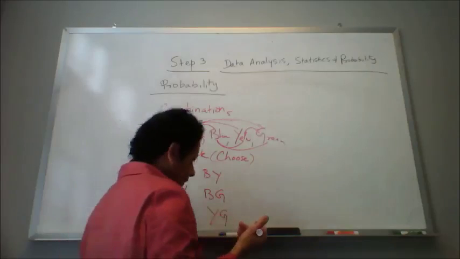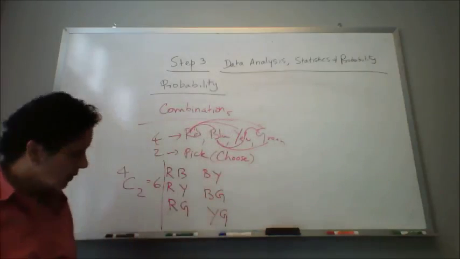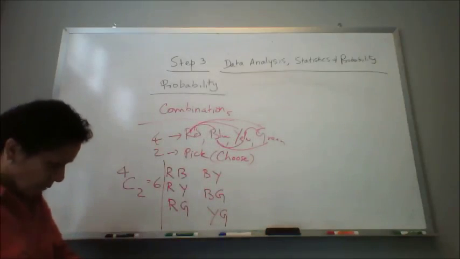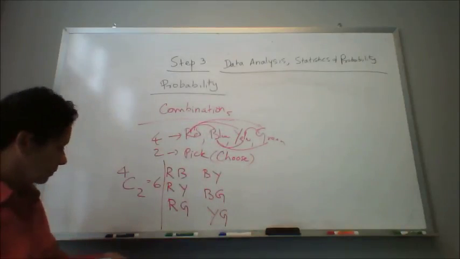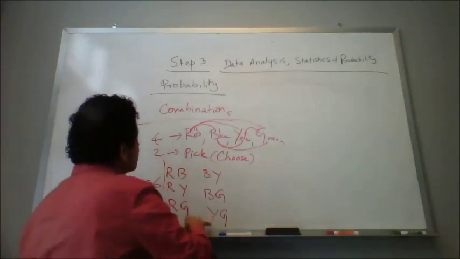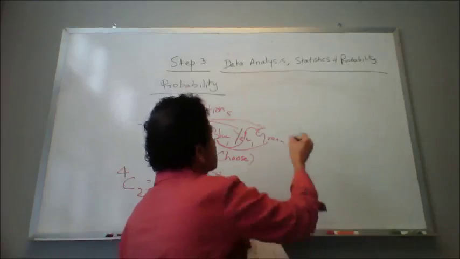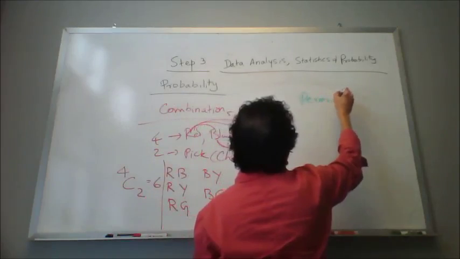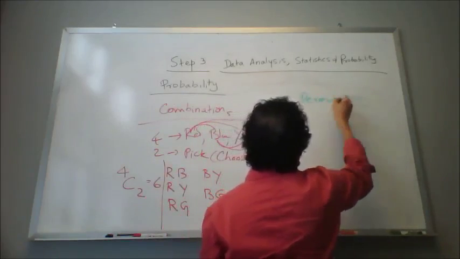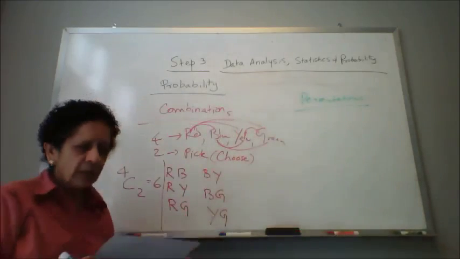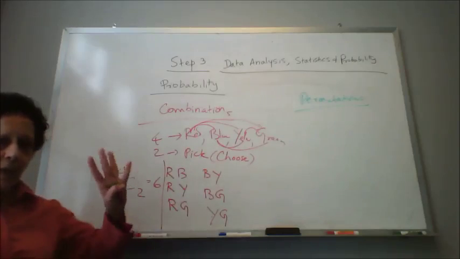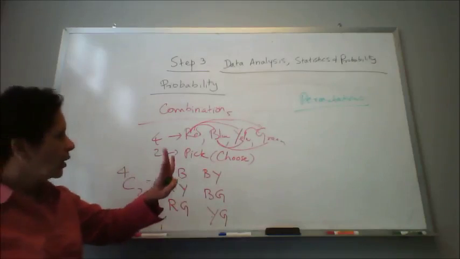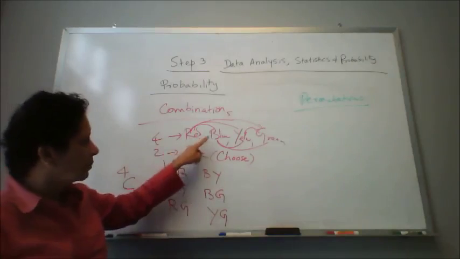Now let me explain the permutation, which is very, very similar. Permutation also means that I'm picking. So let's say that I have 4 dogs, and their names are red, blue, yellow, green.